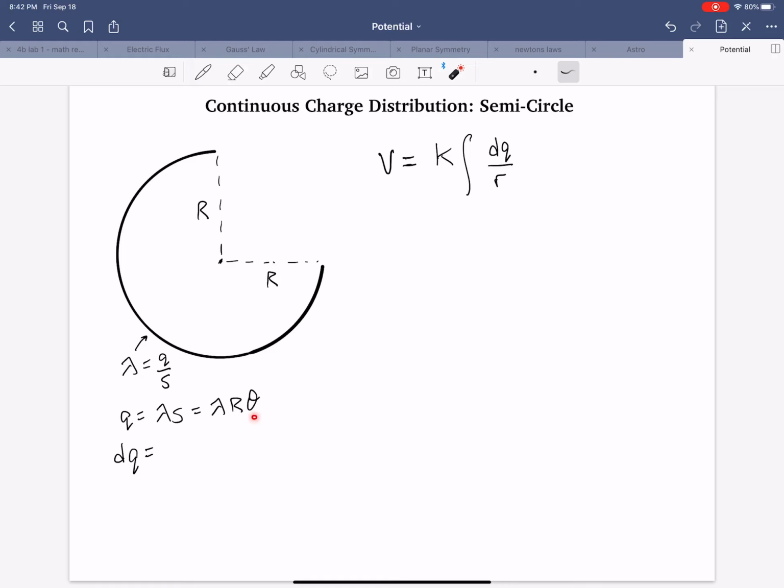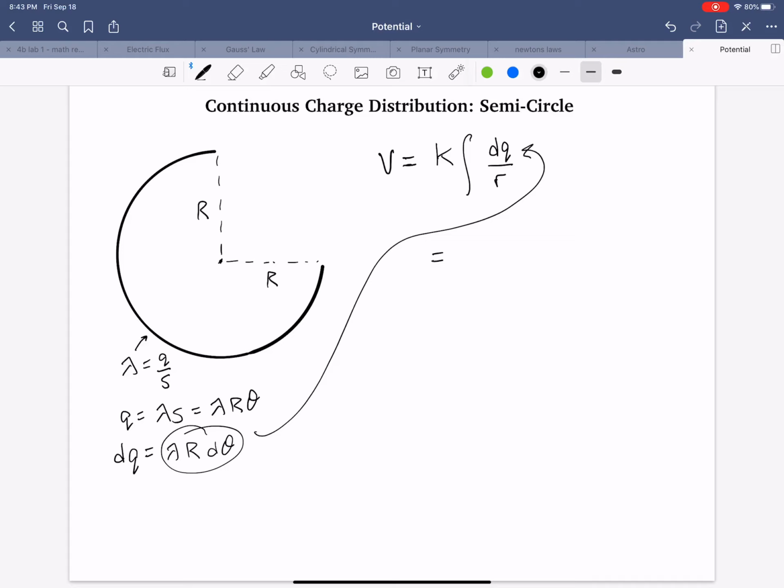The only thing that changes is theta. We're going around. So thus, take the derivative of theta, we get 1, chain rule, d theta. And so now we take this bit and plug it into dq.